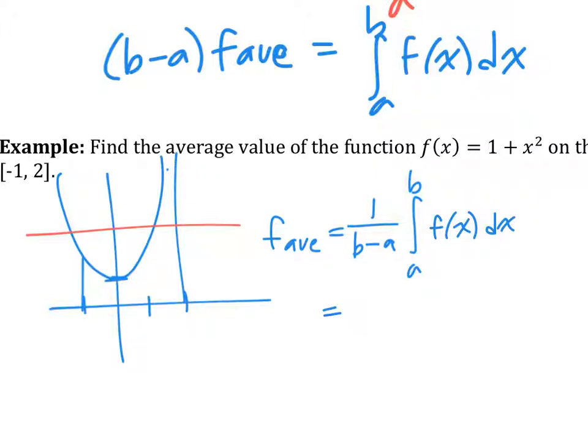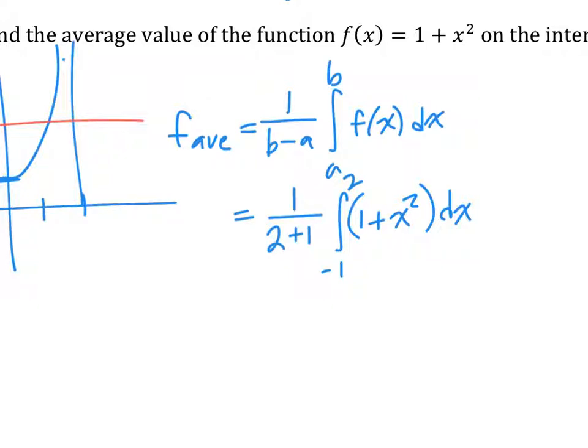For this question, what number is b? 2. And then what number is a? -1, so plus 1. Okay, from -1 to 2, and then what's my function? 1 plus x squared. All right, so this is an easy integral. So go ahead and do that. Figure out where the average value is.